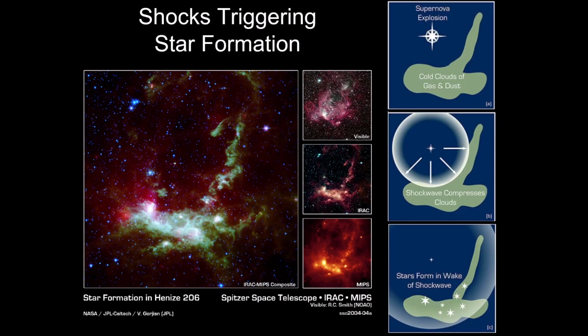All right, so how does this happen? How does an interstellar cloud somehow get triggered to start initiating star formation? Well, this picture is a really valuable picture to study to understand this process. This is a star-forming region.